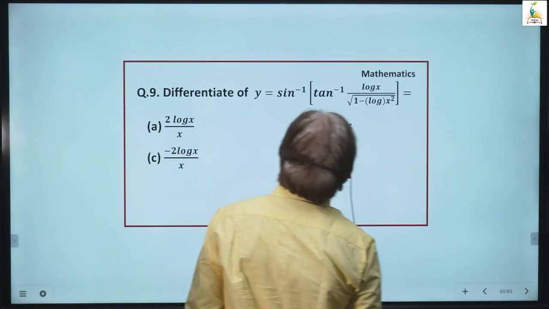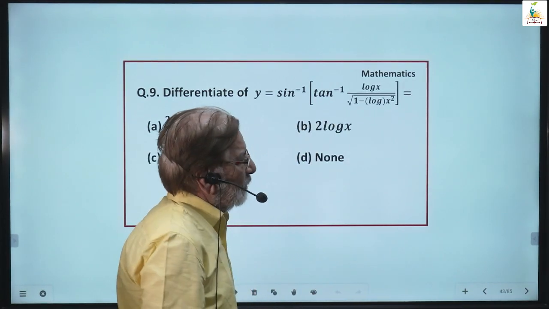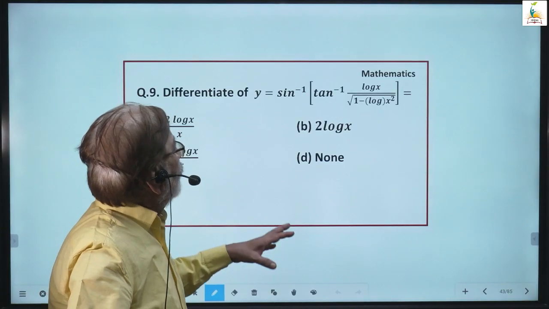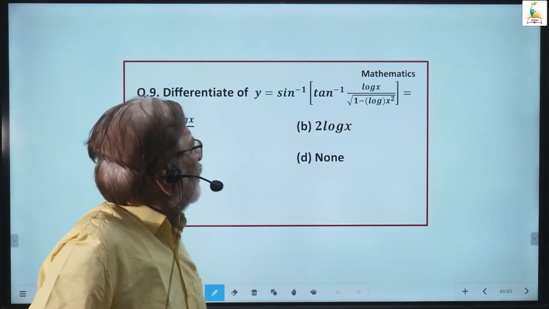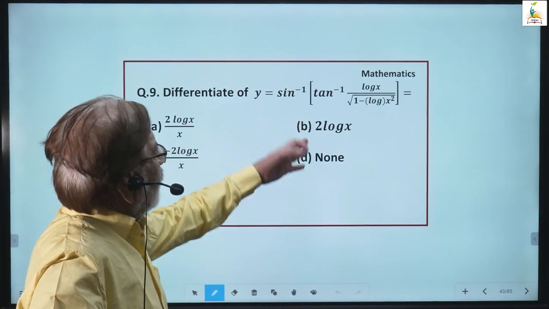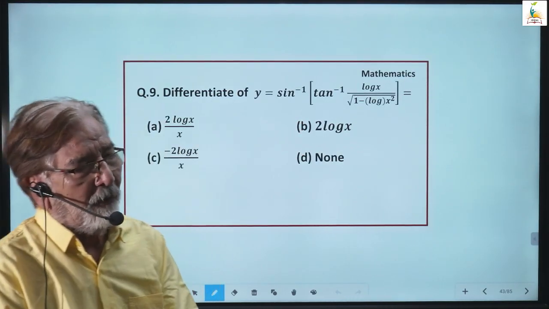So what I told you, what you have to keep in mind, is that you either substitute or you apply the formula. For example, this is log x upon under root of 1 minus log x whole square.